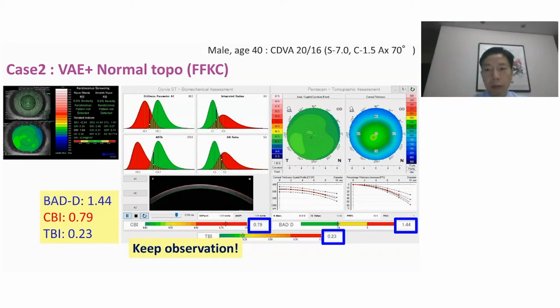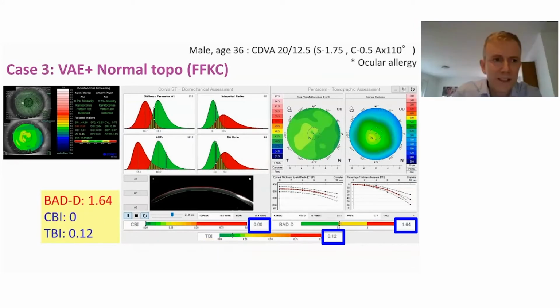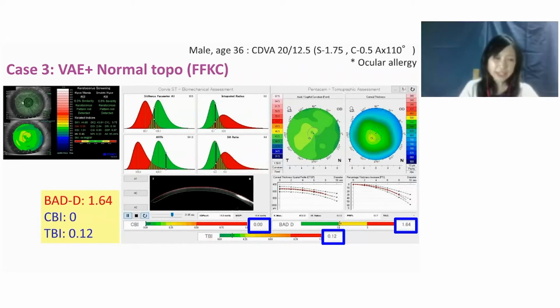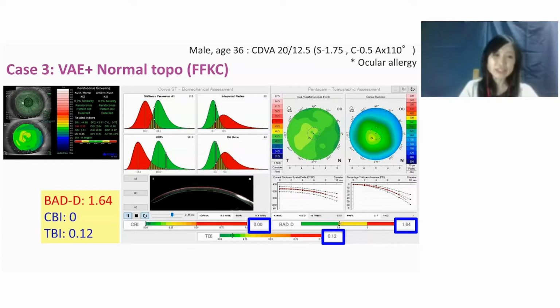Actually, this patient has no keratoconus related factors. And that was the third case, another case, a 36-year-old, right? Okay. Based on my criteria, BADD is a little bit more than 1.6, but CBI is 0 and TBI is 0.2.